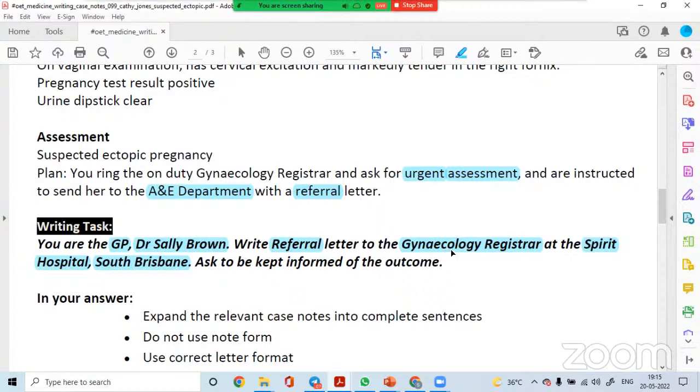So line number 1, gynecology registrar. Do you know the name? No, don't know. Okay. Then Spirit Hospital, South Brisbane. The seventh component is here. Sixth component is related to this. And first component address 1, 2, 3. Gynecology registrar, Spirit Hospital, South Brisbane.